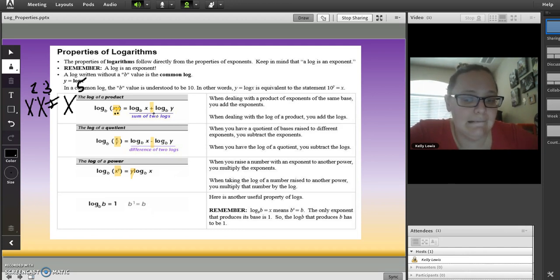If we had x to the fifth over x squared, that equals x cubed, because 5 minus 2 is 3. Just like if you had an x divided by a y, you subtract.